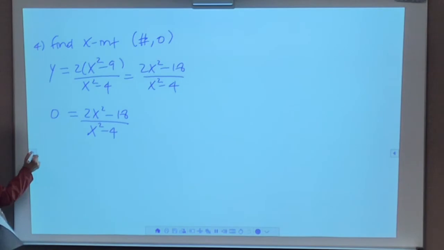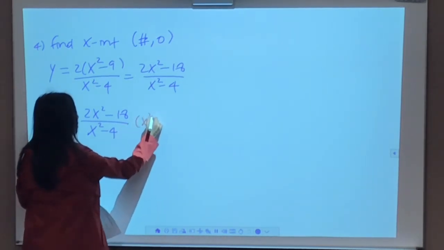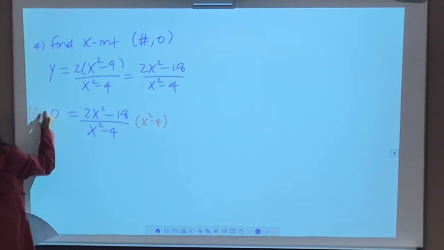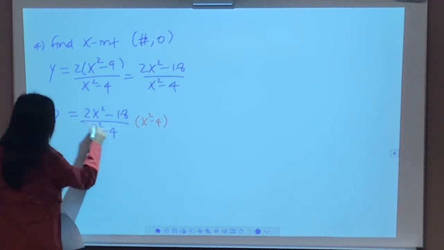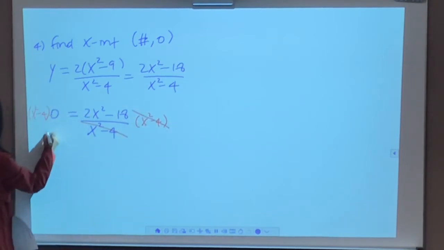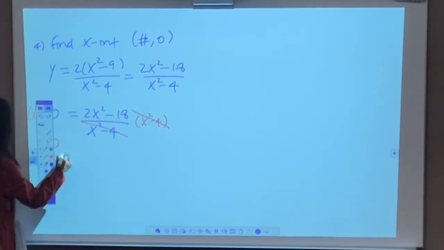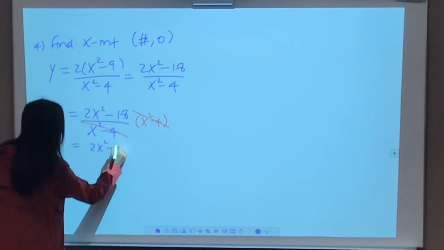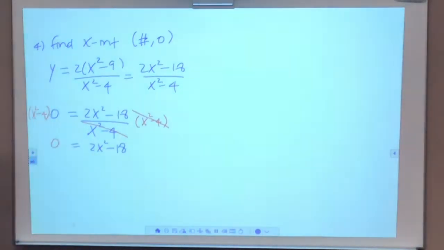Anything you multiply by 0 is 0, so I will multiply by x squared minus 4 on both sides. That and that cancel out, and this gives you 0. So you are left with 2x squared minus 18. Right, everybody with me?